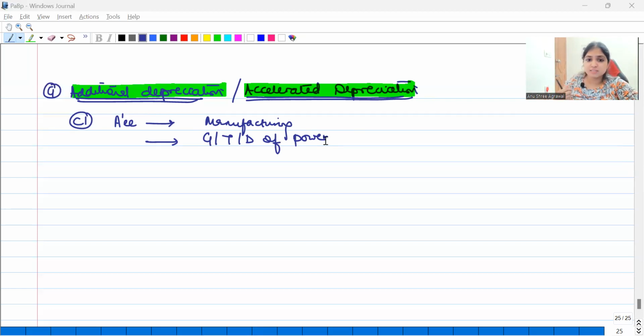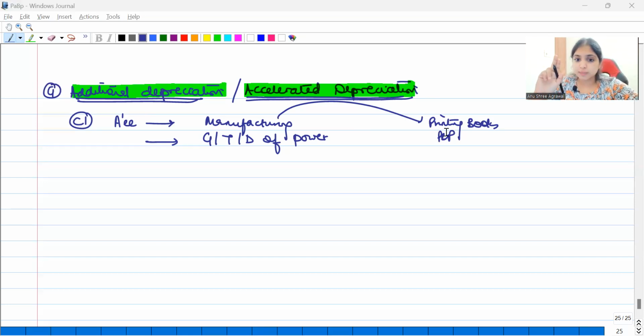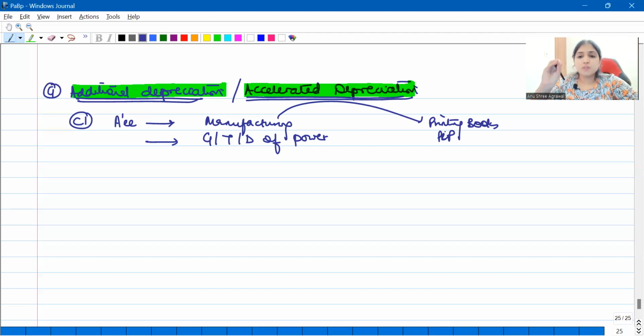And there is also a circular which says that manufacturing will also include printing of books. Even printing and publishing of books will be covered. But majorly, the assessee should either be into manufacturing, or in the business of generation, transmission, distribution of power.